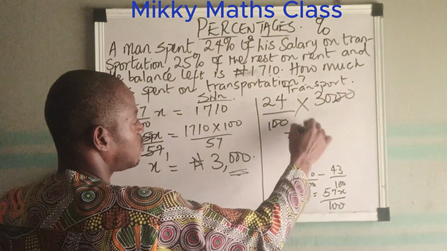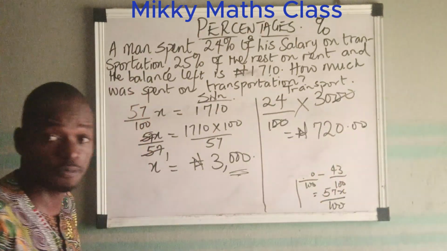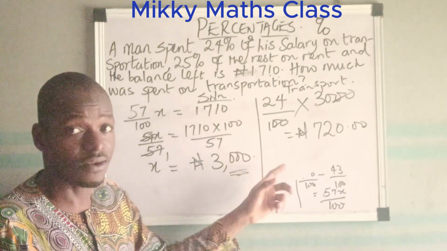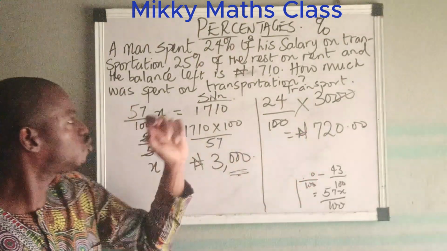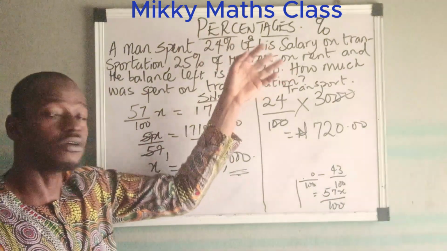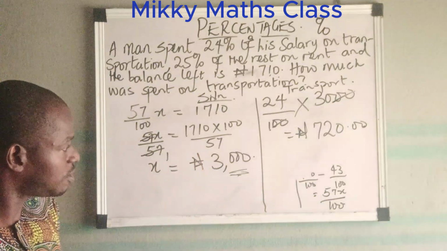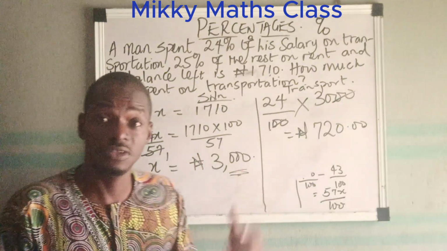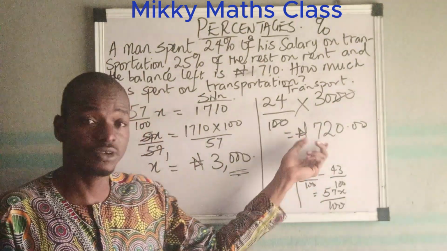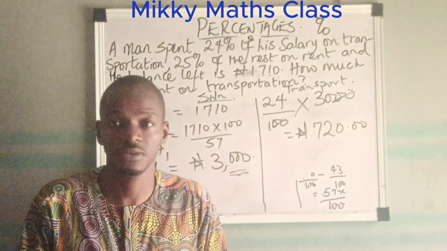That will give us 720 naira. So he spent 720 naira on transportation. You could also be asked how much he spent on rent. You follow the same procedure. So this is the final answer: 720 naira was spent on transportation.